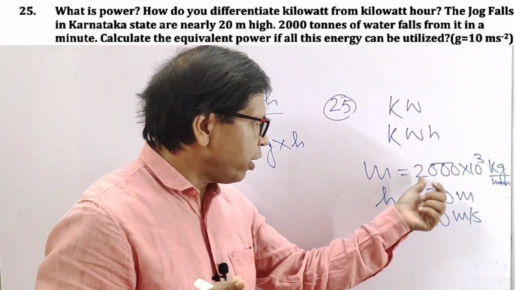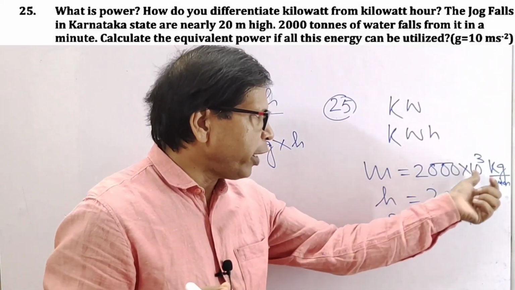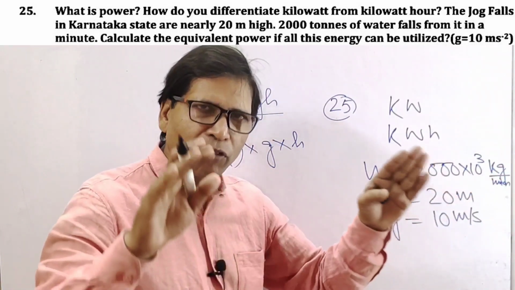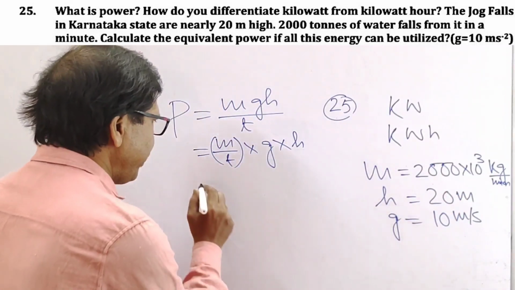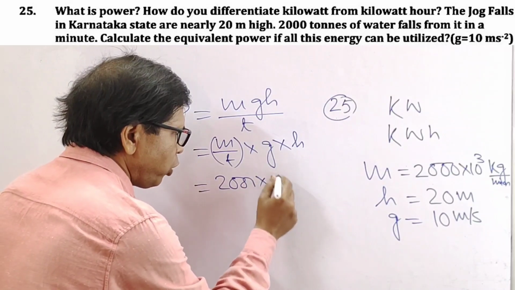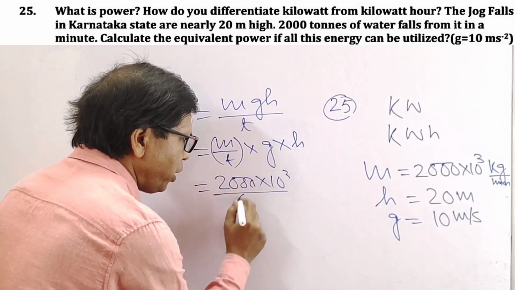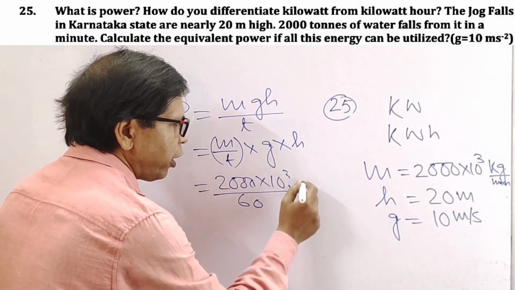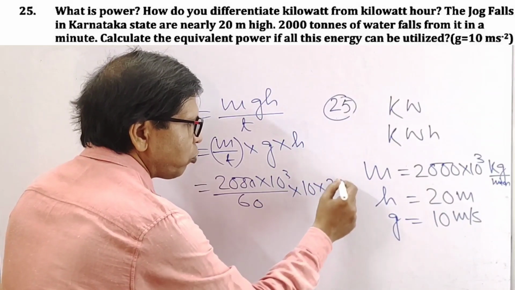Here, 20,000 into 10 to the power 3 kg water falling per minute. So m by T is 20,000 into 10 to the power 3 divided by 60. g is 10 and h is 20.